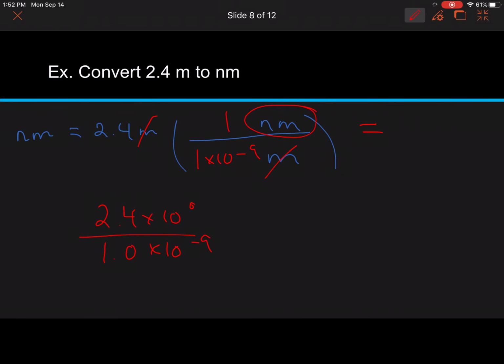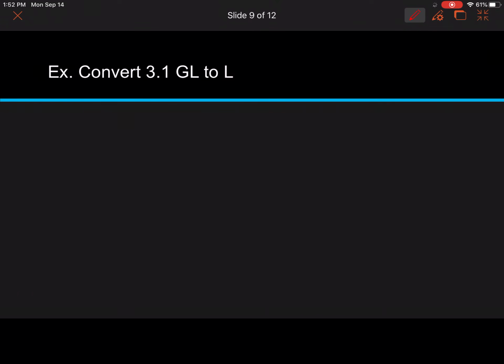So this is going to be 0 subtract negative 9, which becomes 0 plus 9. So my answer here is going to be 2.4 times 10 to the positive 9, and my unit is nanometers. You always want to double check for clarity: does it make sense that if I have a value in meters and I ask for it in nanometers, it would be bigger? Yes, that makes sense.